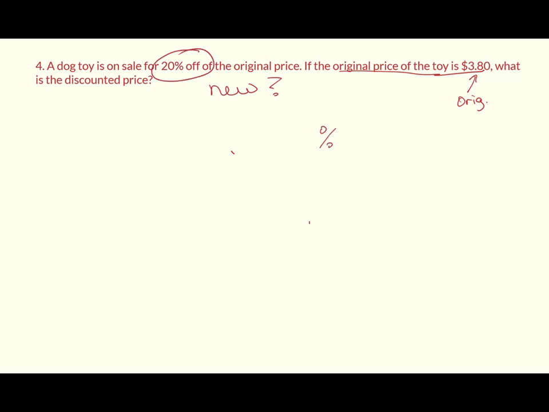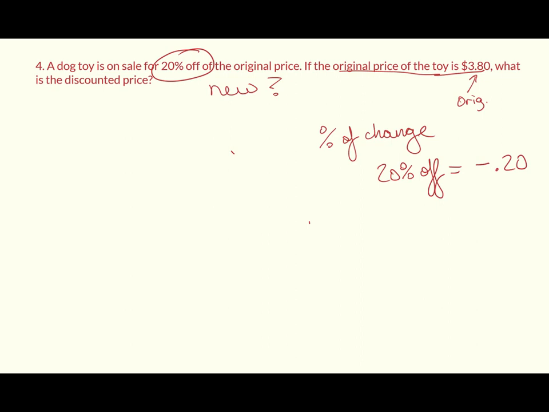So my percent of change in this question is 20%, but it's 20% off. So that becomes negative 0.20 or negative 0.2, because it's a decrease in price.